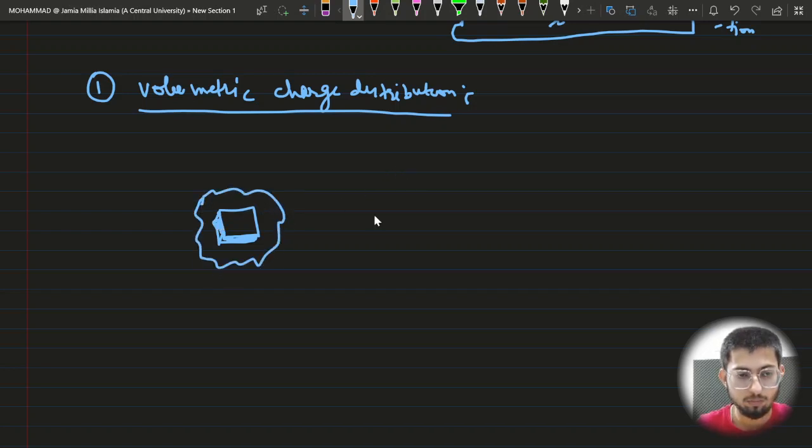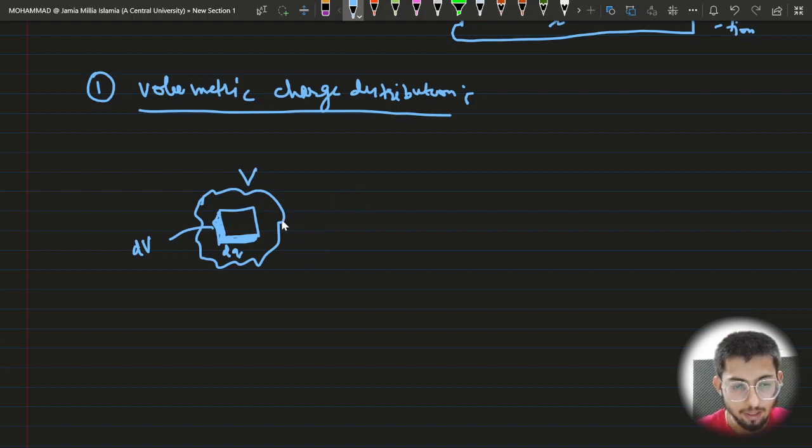You can see it in the book as well. Each small piece of its volume is named as dv, and each small charge is named as dq, corresponding to the volume. Because each small charge will take a very small volume, which is called dv, and the whole volume is called as v, capital V, right?